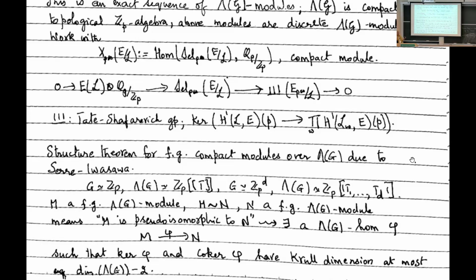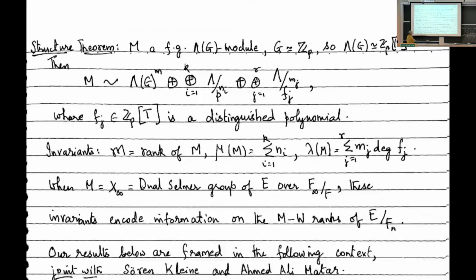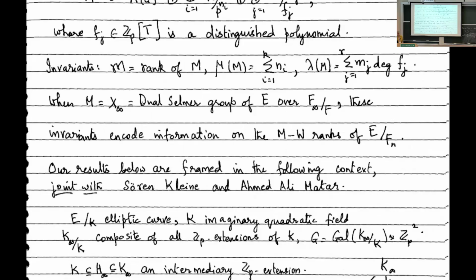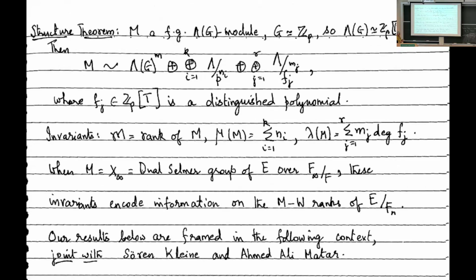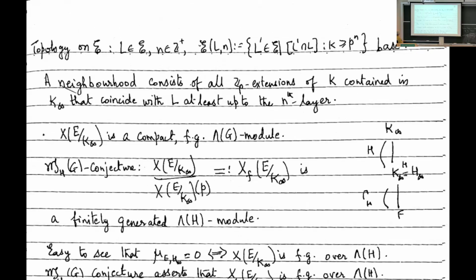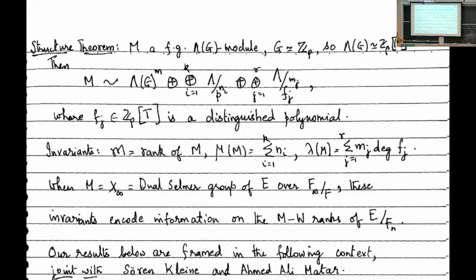So up to ignoring finite modules, the next theorem will tell us that there is a nice way to describe modules over this Iwasawa algebra. So this is the structure theorem. So let M be a finitely generated Lambda_G module, where G is Z_p. Oops. So the Iwasawa algebra is a power series ring in one variable. Then up to ignoring finite modules, this tells us that it's almost like the structure theory for modules over Z_p.